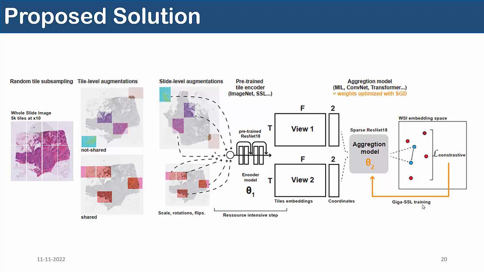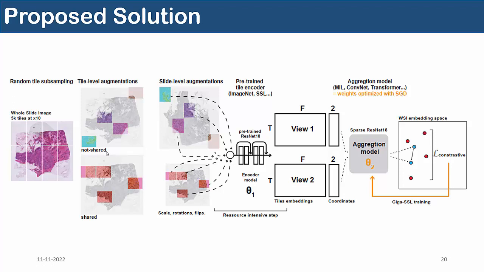This basically comprises 5 important components, and these components are the Gigapixel image level augmentation operator that transforms the images. So you'll see here that the image is divided into tiles, and then two views are formed, and the upper one is called not shared, because here the transformations of the different tiles are not shared.